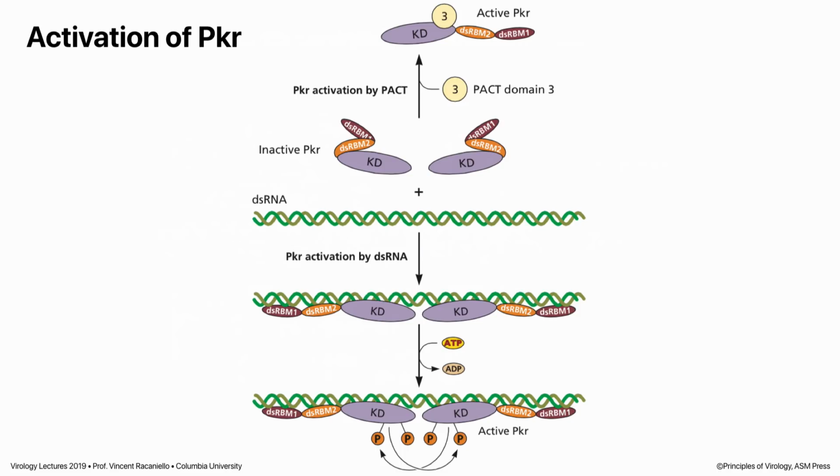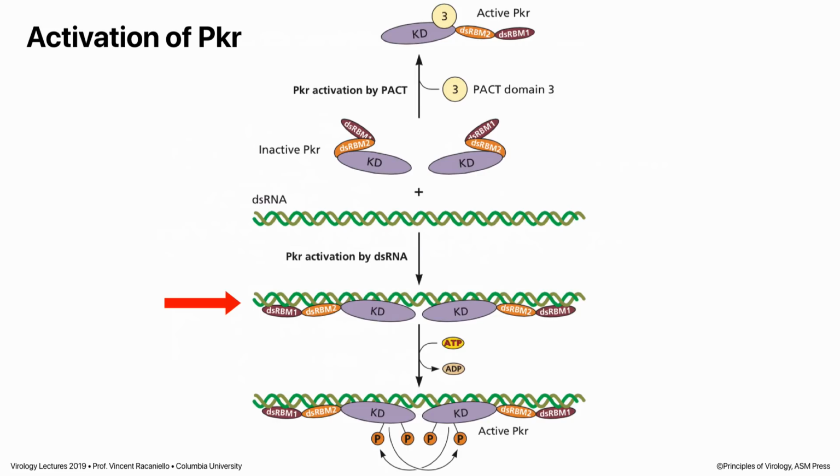So here's how this works. As PKR is made, it's not active as a kinase. It needs to be activated by double-stranded RNA. And there's a molecule of double-stranded RNA being bound by PKR. The part of PKR that binds it is this double-stranded RNA binding motif.